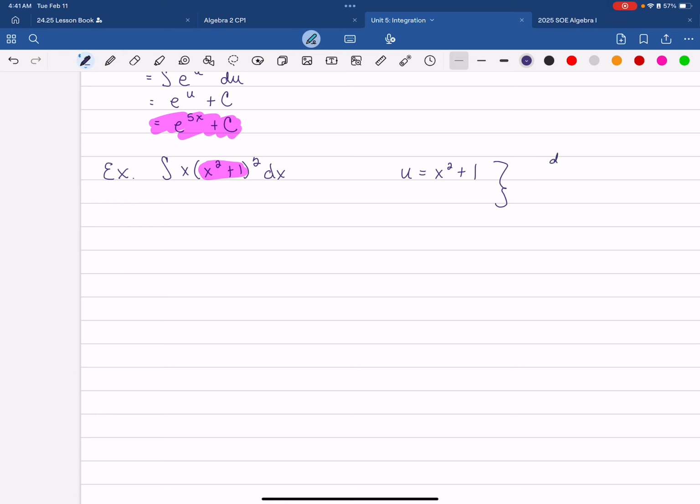If I'm taking the derivative of this, du dx equals 2x, and the reason I'm getting that dx on that side is that I'm multiplying by dx on either side so that I have an expression for du.